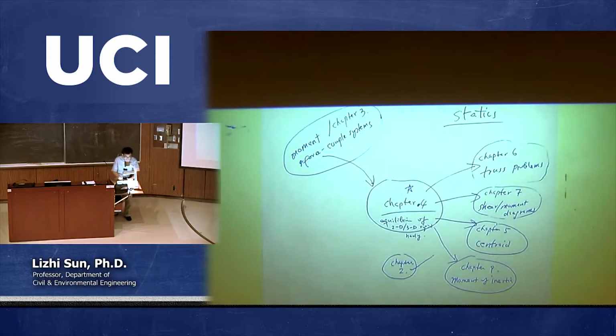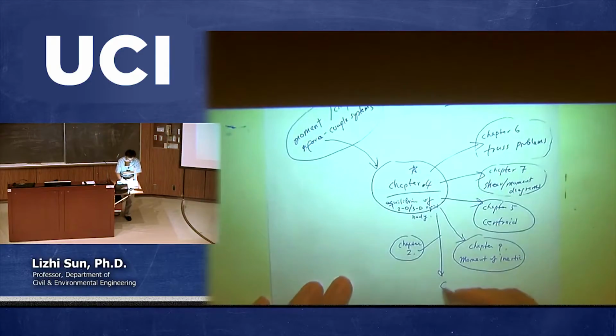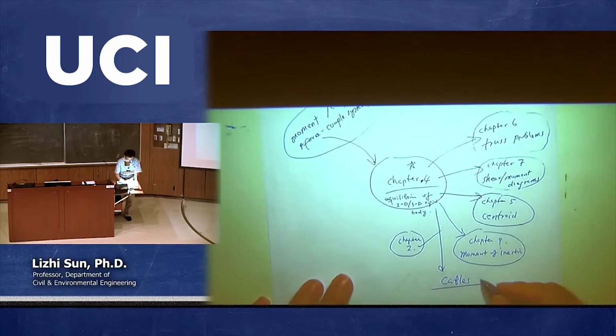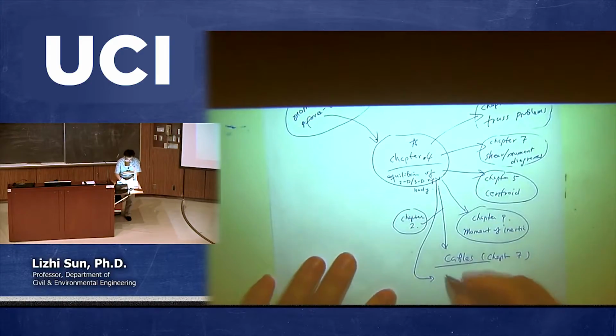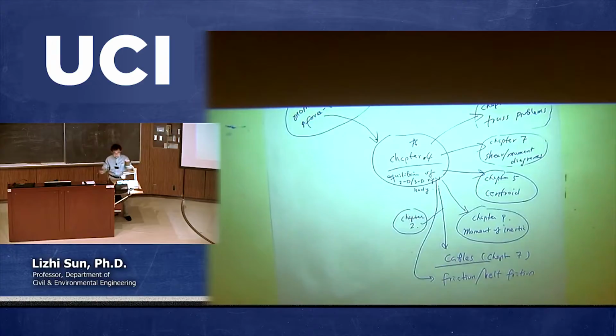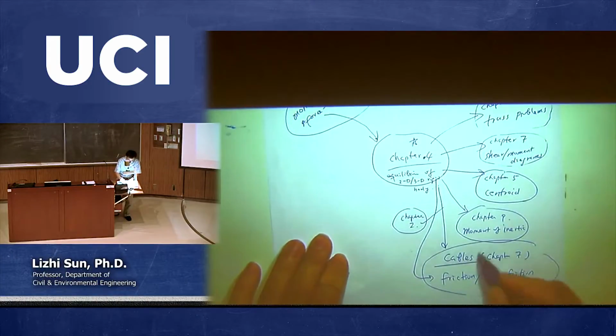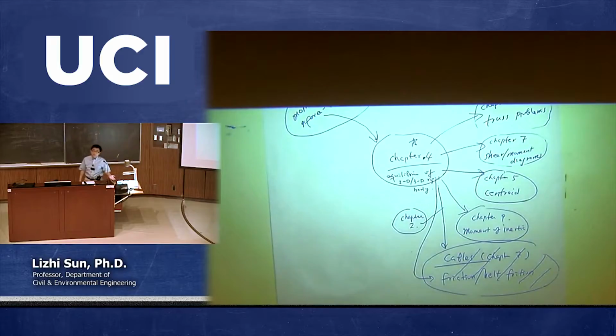Of course, you may say, how about cables? I did spend just a little bit of time talking about cables, which is part of chapter 7. And I did spend a little bit of time talking about what's called the friction, specifically called the belt friction. That is part of chapter 8. But these two parts will not be covered in the final exam because I even did not give you any homework, right?